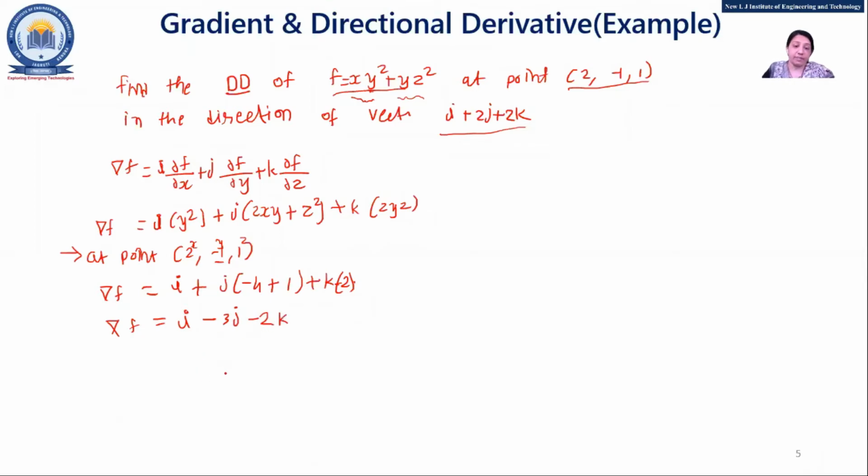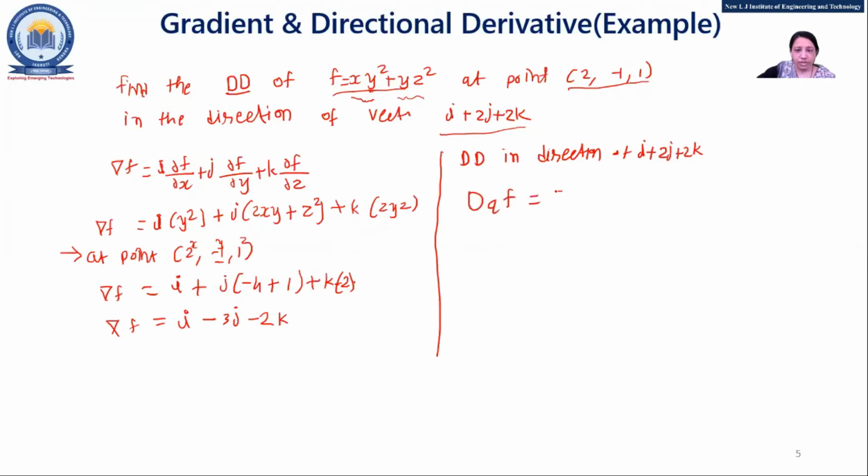Now from grad f, what is the equation for directional derivative? Directional derivative in the direction of i plus 2j plus 2k is given by del f into a bar upon mod a.